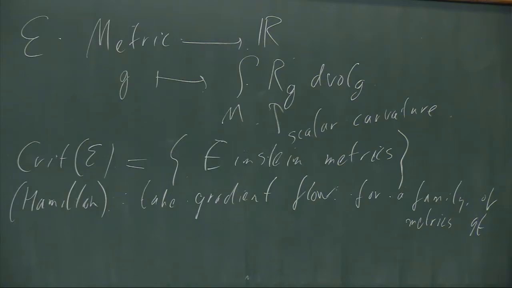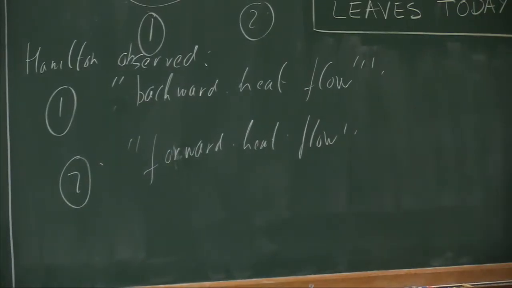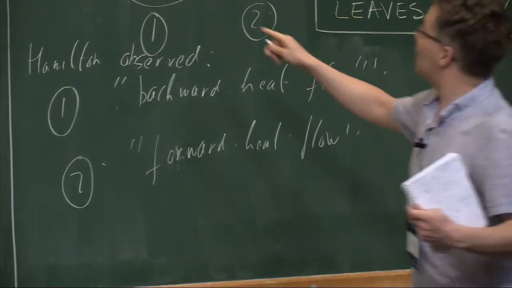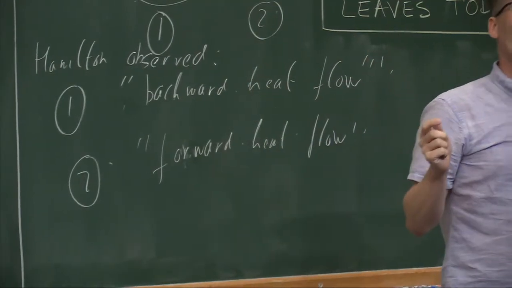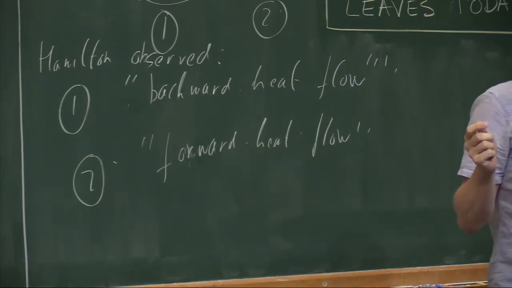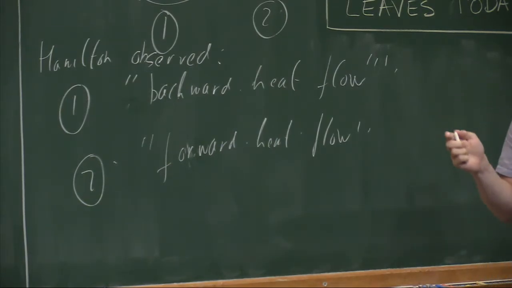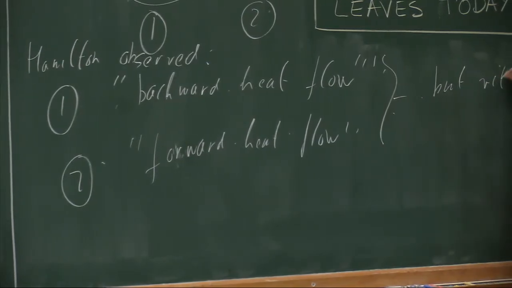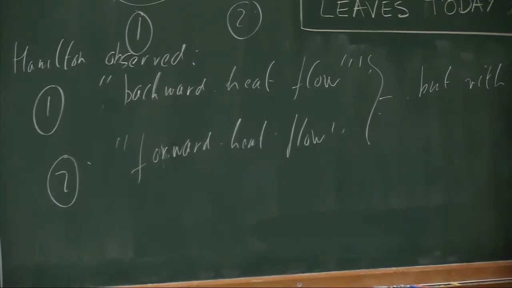I put it between quotation marks because when you do heat flow, the linearization should be an elliptic operator, but it has a big kernel due to the diffeomorphism group. And this gives some extra trouble.